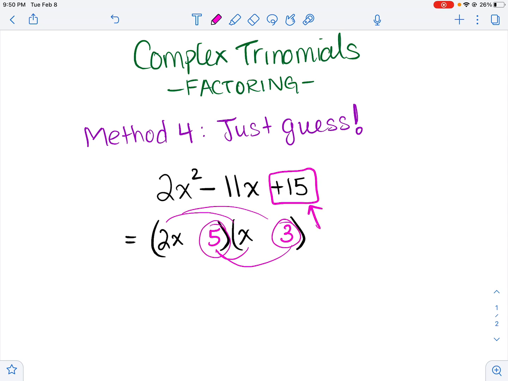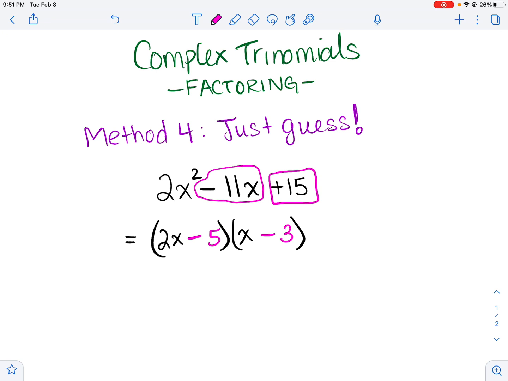The other thing I know is that since the middle number is negative 11, those 2 numbers are going to be negative, because a negative times a negative is a positive 15, and negative 5 take away 3 would be negative 11.